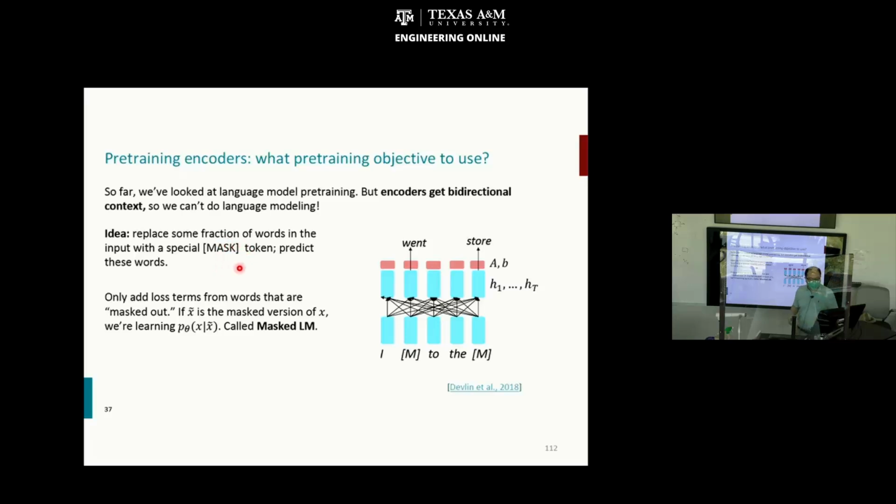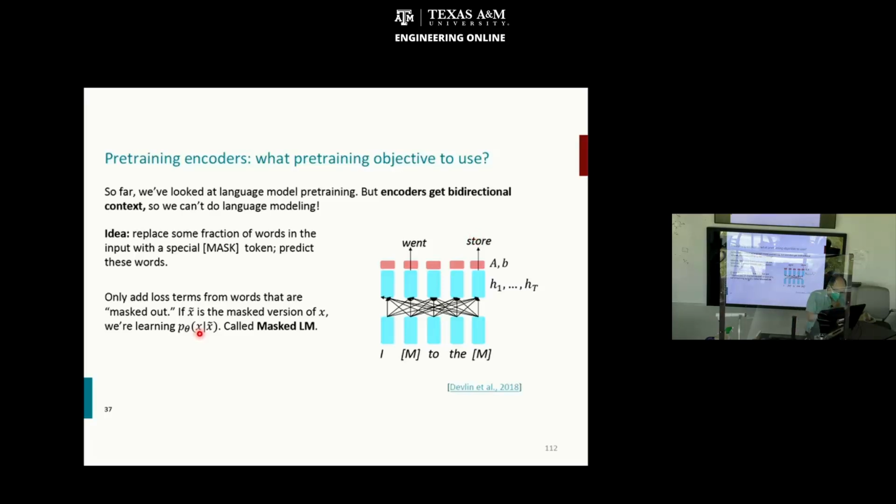My pre-training task, or the output, would be reconstructing these masked tokens. This is also called masked language modeling. Be careful, this is not exactly the same as masked self-attention. Don't get confused. This is masked language modeling.